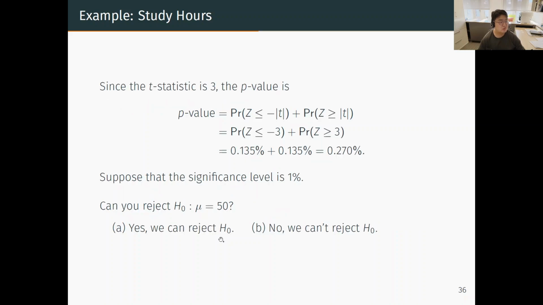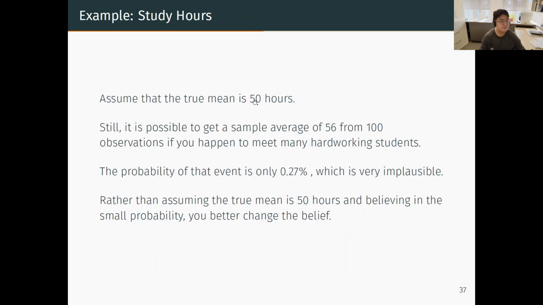So back to the numerical example. To casually interpret what I just did, I assume that the students study 50 hours on average. The true mean is 50 hours for the final exam. But it is still possible that, even if the truth is 50 hours, due to random errors I may have a sample average of 56 from a survey of 100 students.